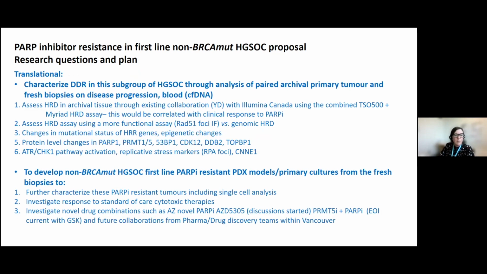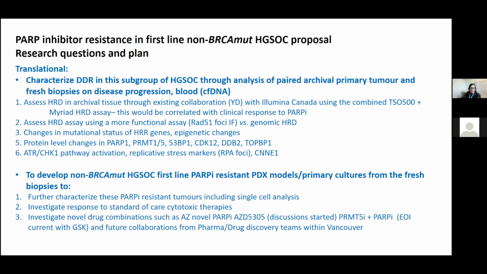There is some translational work that I'm proposing as part of this, and this is the key aspect of the project. This is to try to specifically develop, from fresh biopsies of these patients, primary PARP inhibitor resistance PDX models, to then look at doing further drug development combination testing, such as looking at other targeted combinations. And there are discussions ongoing with pharma about that.